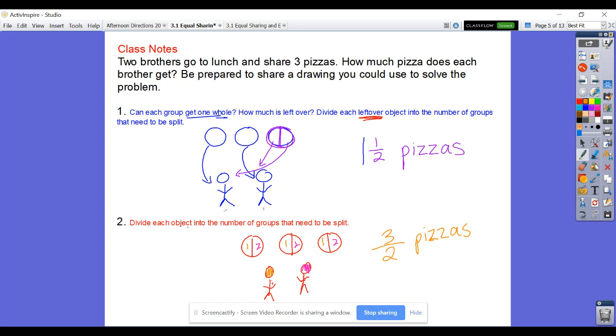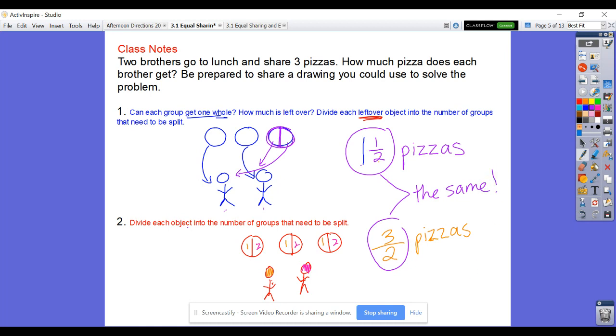But the cool thing is we know we were answering the same question, and so we know these 2 fractions right here, well, this one we actually will call a mixed number. You'll hear that term a lot later on. We'll start talking about that. A mixed number because it has part whole number, part fraction. This is the same as 3 halves.